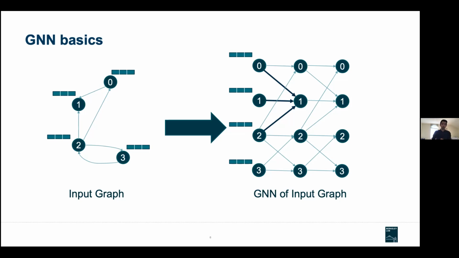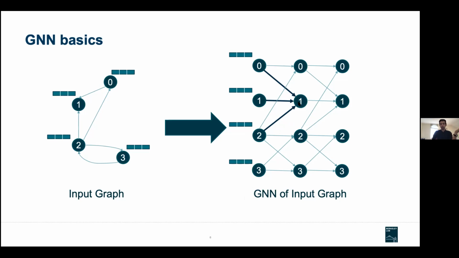And we do this for every node in the graph. Because this so-called aggregation step is the core operation of graph neural network training, we construct the GNN this way just to make this operation easier to do in a sense.